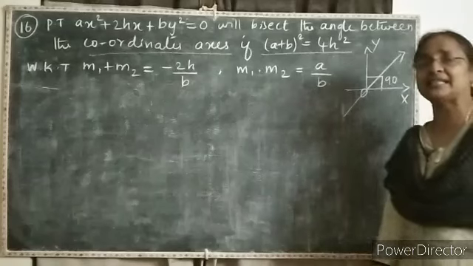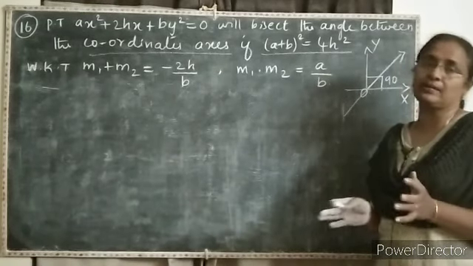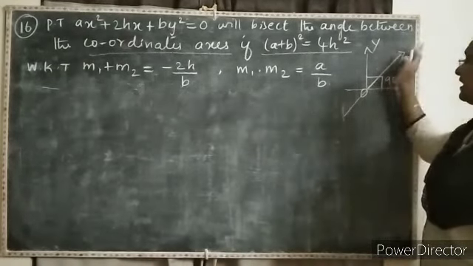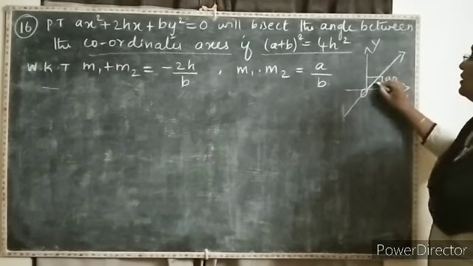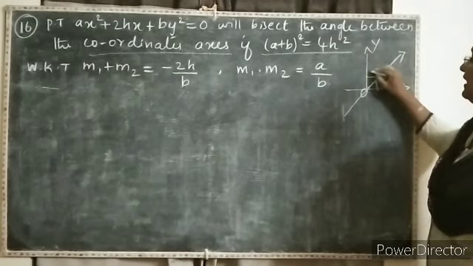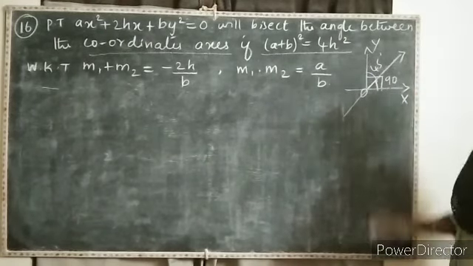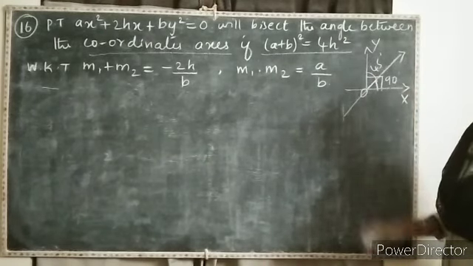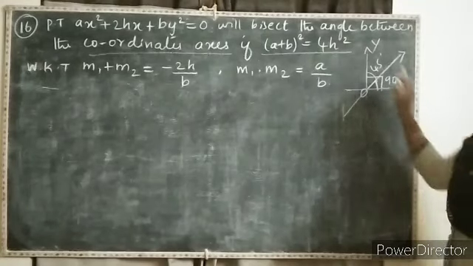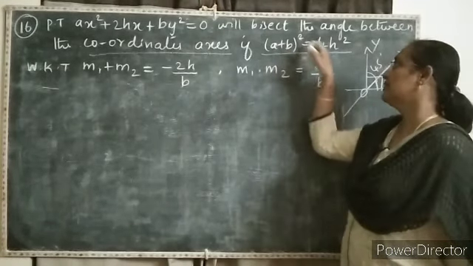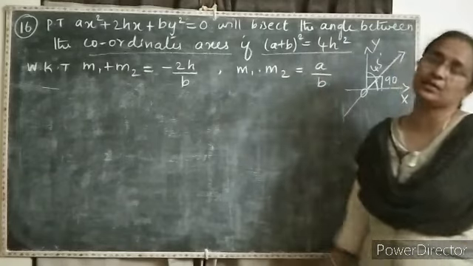What is the meaning of bisection? It divides into 2 equal parts, isn't it? So now 90 degrees is bisected by this line. So this becomes 45 degrees and this becomes 45 degrees. Do you agree? Okay, this is the condition they have given, and with the help of this we have to prove that (a plus b) the whole squared equals 4h squared.